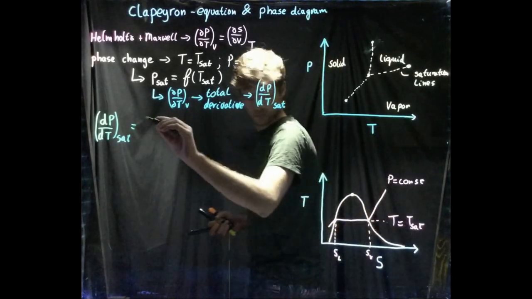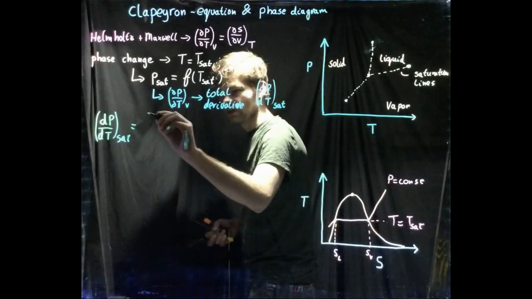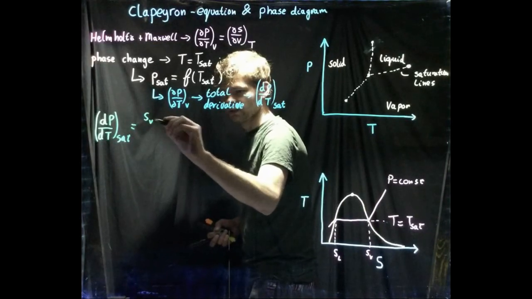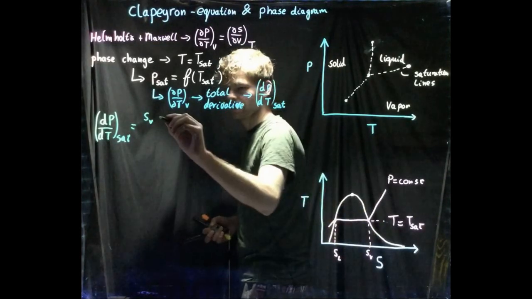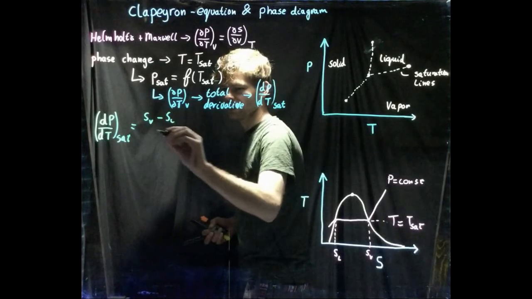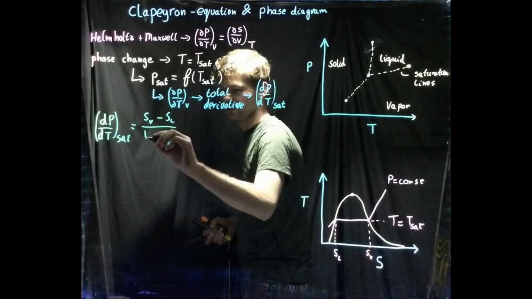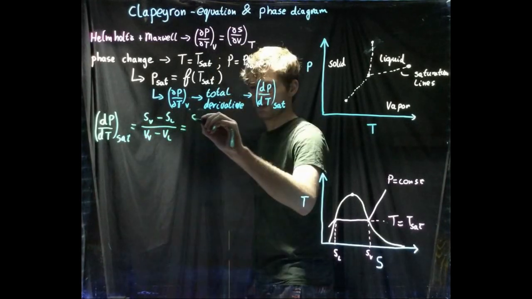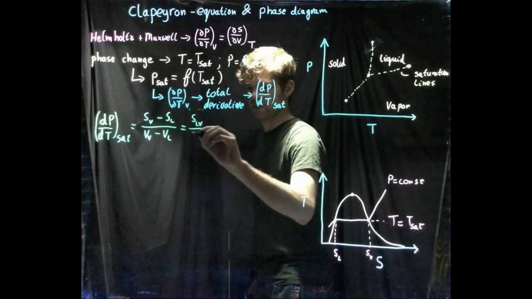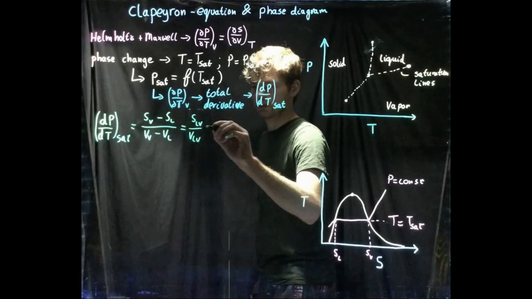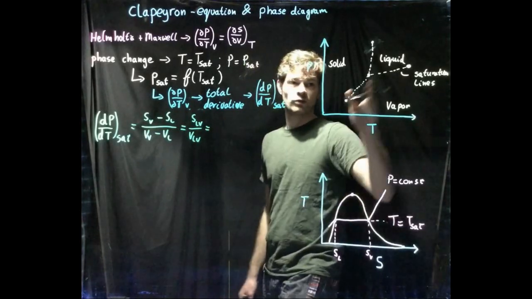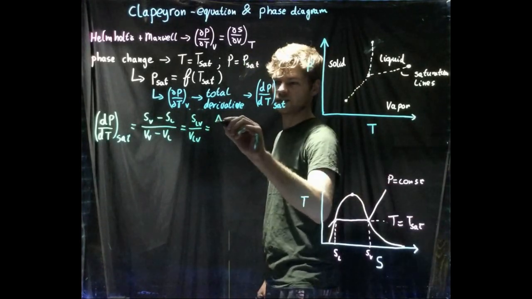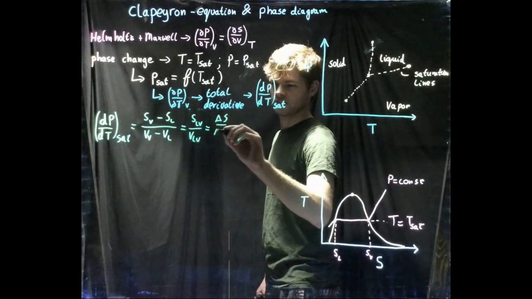And for entropy this will be the vapor entropy minus the liquid entropy, divided by the volume of the vapor minus the volume of the liquid. The entropy liquid vapor divided by V liquid vapor, or, and that's even more useful in our diagram, delta S over delta V.